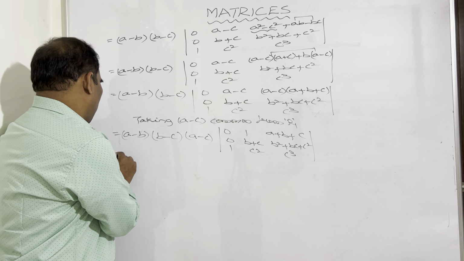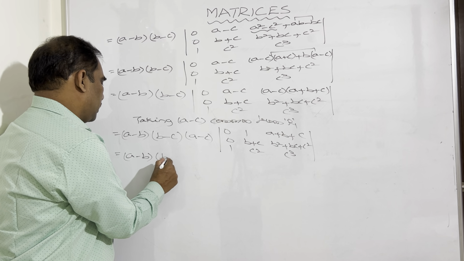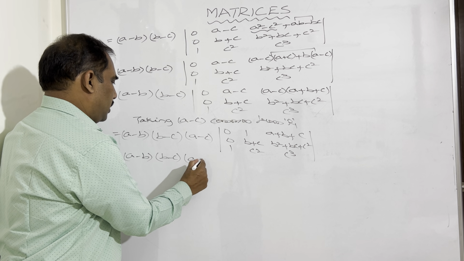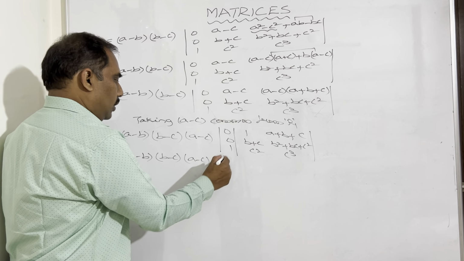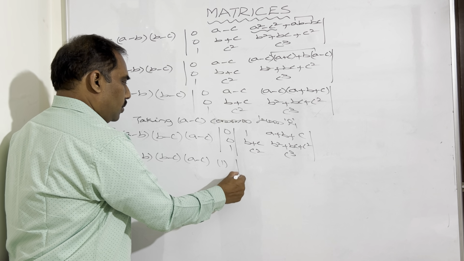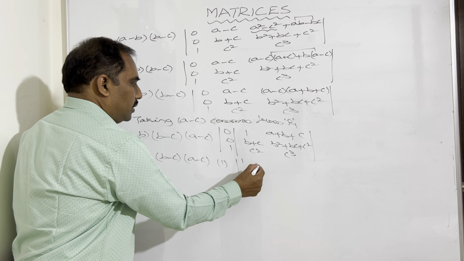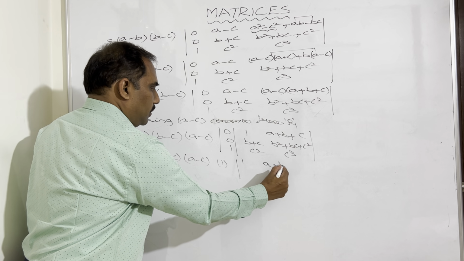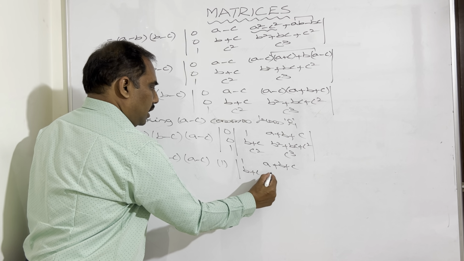See, if you expand the determinant along the first column, the last element is 1 into, we get, if you delete the row and column of 1, 1, a plus b plus c and b plus c, here b square plus bc plus c square.